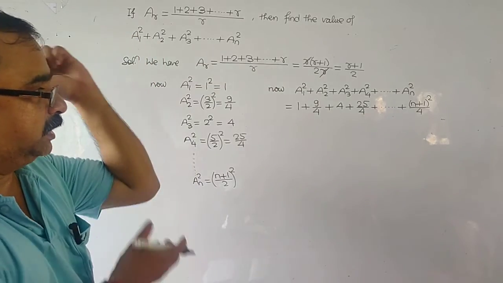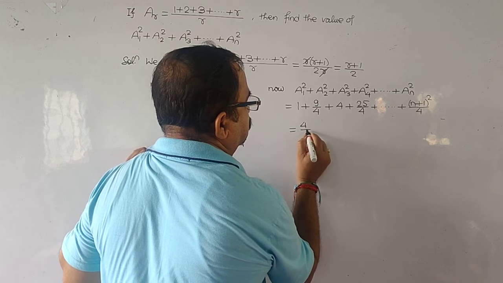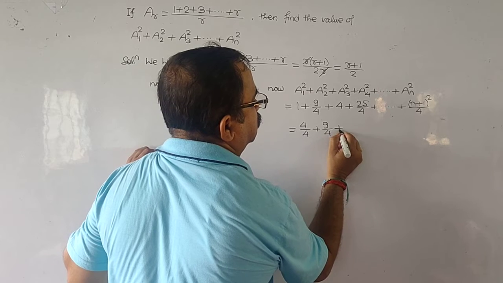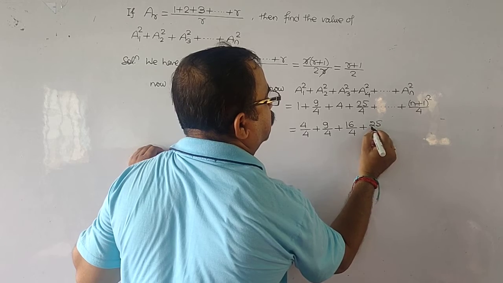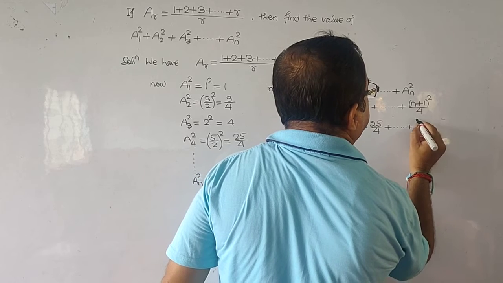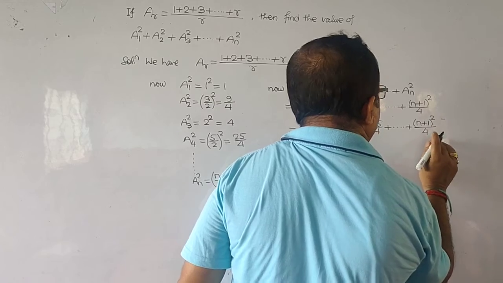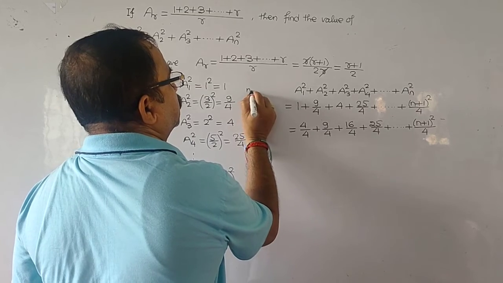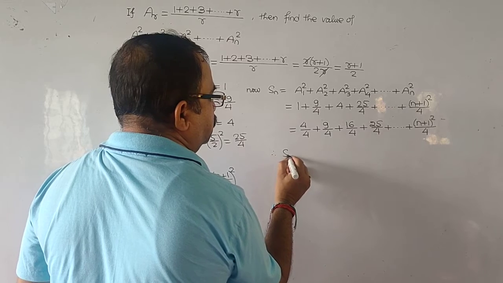So this is seeming like this: 4 by 4, 9 by 4, 16 by 4, 25 by 4, plus and so on, plus (n plus 1) to the whole square by 4. Let this sum be Sn. So Sn is what?